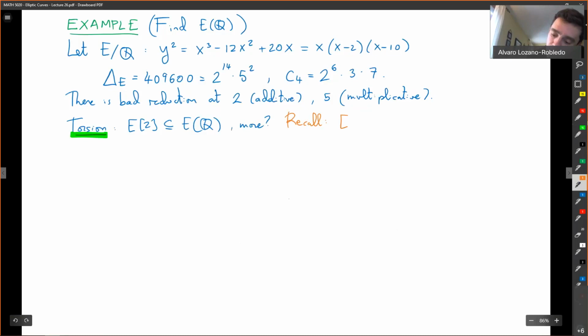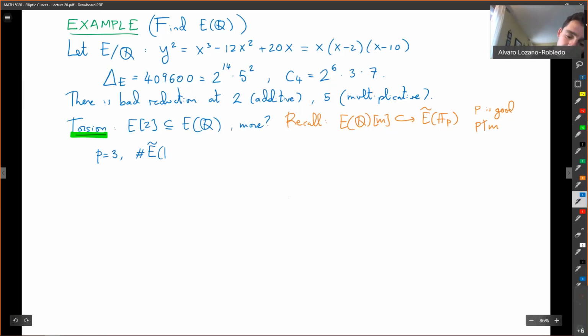that we know that M torsion injects into the points over a reduction when P is good and P does not divide M. So let me do that. So it turns out that for P equals 3, there are precisely 4 points.